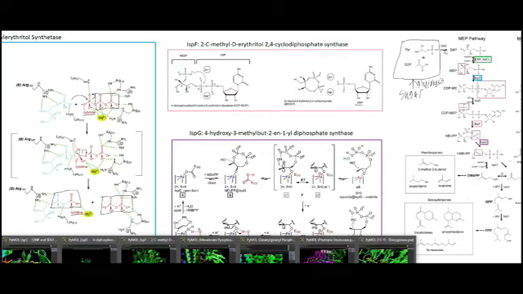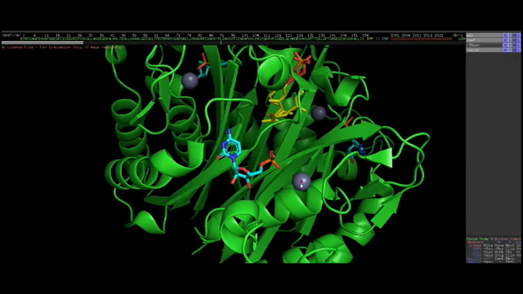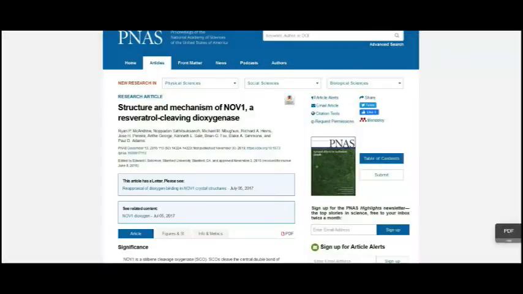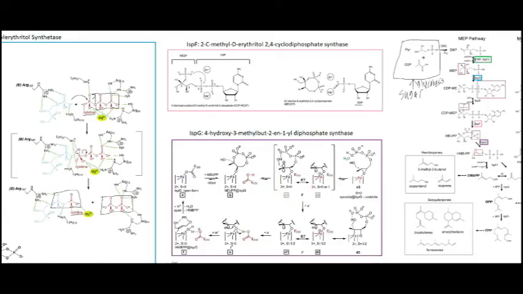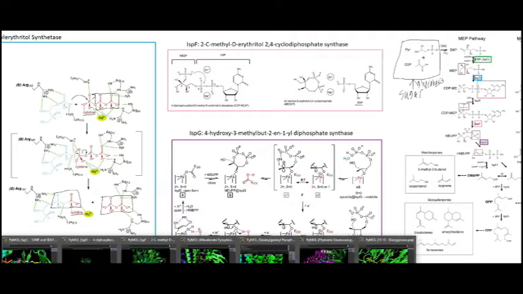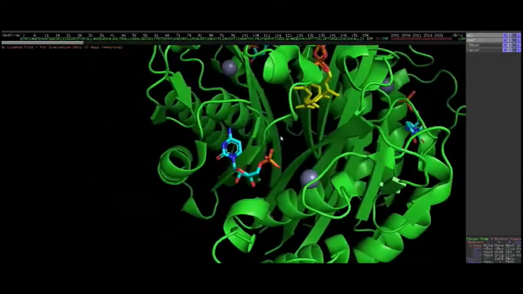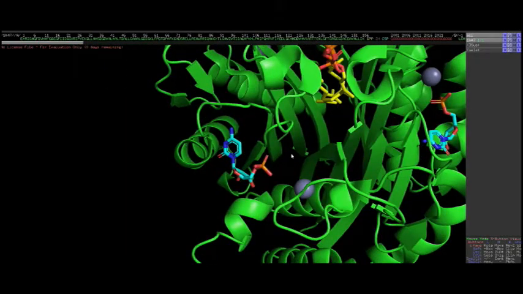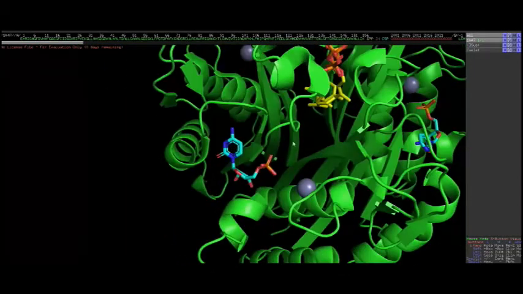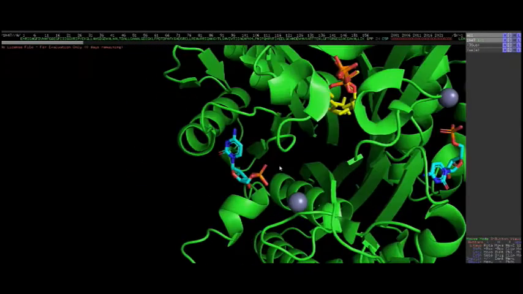So the ion that we actually see in here is the zinc ion. So we don't actually see the magnesium ion. But what we see in here is the cytosine. Probably sort of in this area here is where we would have the MEP, and that's where it would cyclize.